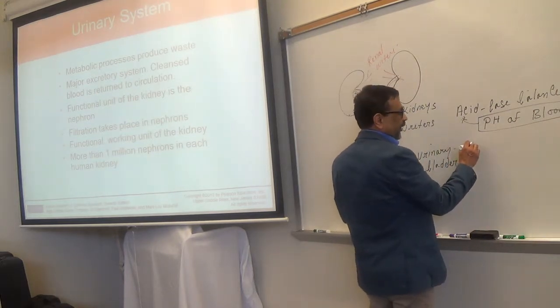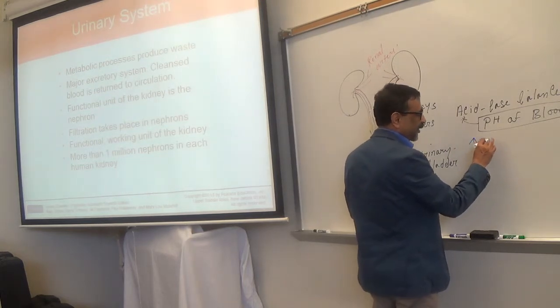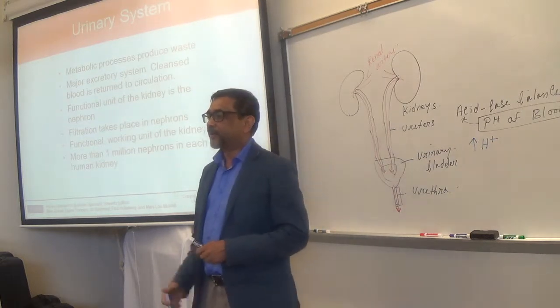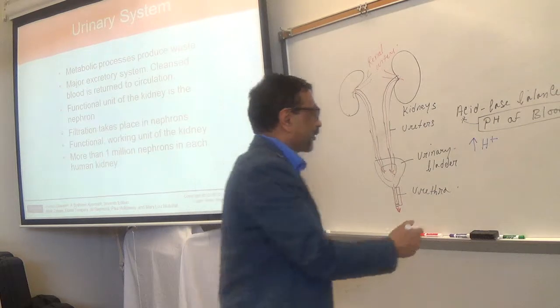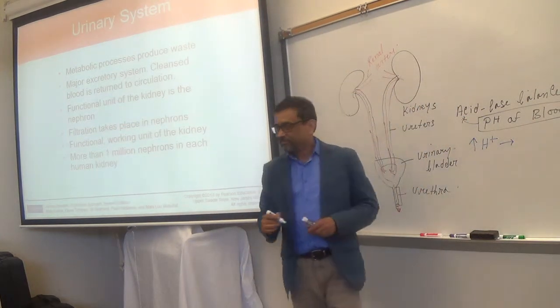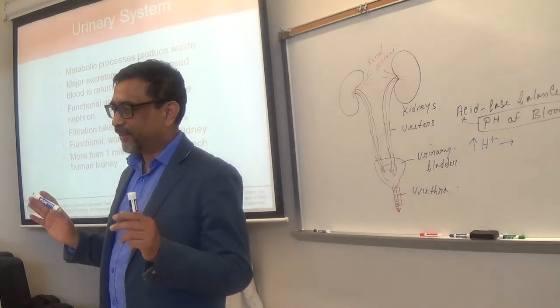If in your body or blood hydrogen ion concentration increases, this is very important. If hydrogen ion concentration increases, that will make the blood acidic or alkaline? More hydrogen ion means acidic.